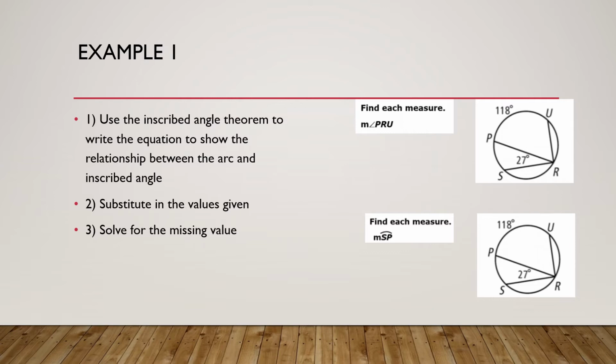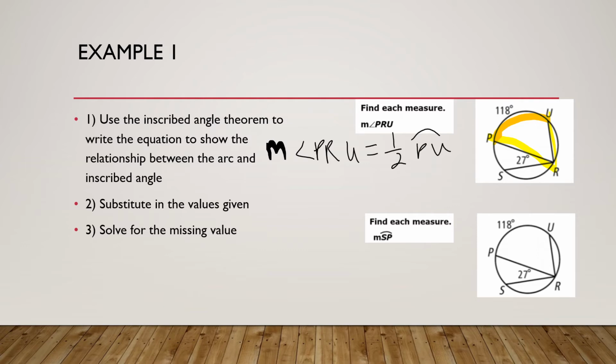We want to find the measure of PRU. If we're trying to find PRU, we want to write the relationship between the intercepted arc and that inscribed angle, which is PU. So we would write down our theorem: the measure of the inscribed angle, which is PRU, is equal to half of its intercepted arc, which in this case is PU.